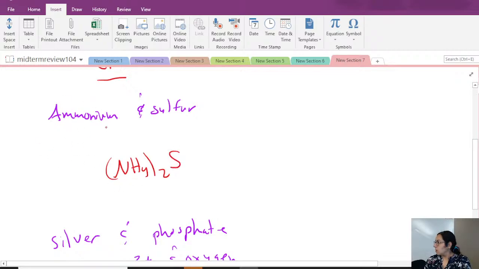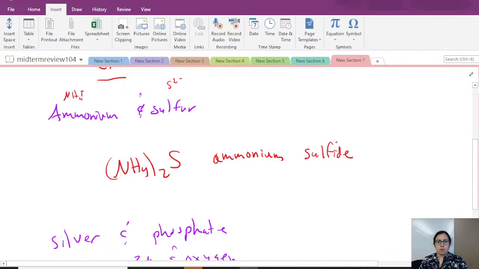For ammonium, you could look at your polyatomic ions: it's NH4 plus 1. And sulfur, those are -2. So that's why you needed that 2 there to balance it. And then how do we name it? Ammonium sulfide, excellent. So we just name our polyatomic, and then change the ending to "ide" for our ionic compound naming.